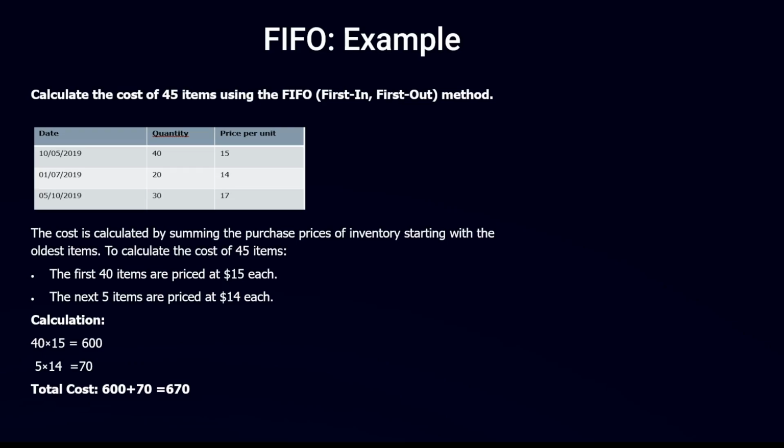So the total cost will be 600 for the first part, plus 70, and we get a total cost of 670. This is the amount that will be shown in the cost of goods sold, and our stock will reduce by this amount.